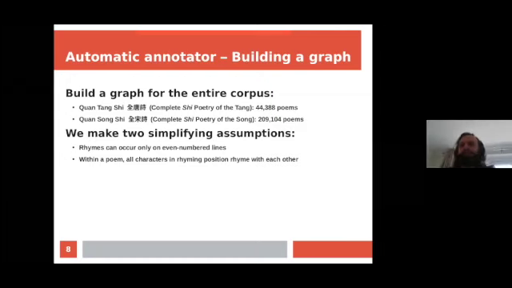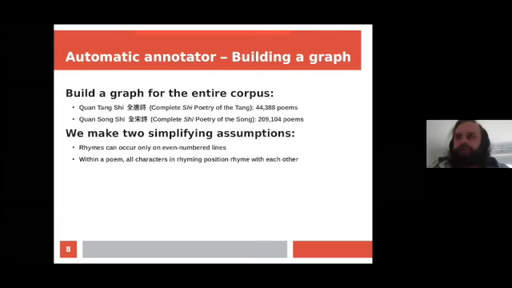Yeah, that's a very good question, because the entire work is based on this. The two assumptions work against each other in a way. The assumption that everything in rhyming position rhymes in a poem introduces a lot of noise in your algorithm, because we know it is not true.